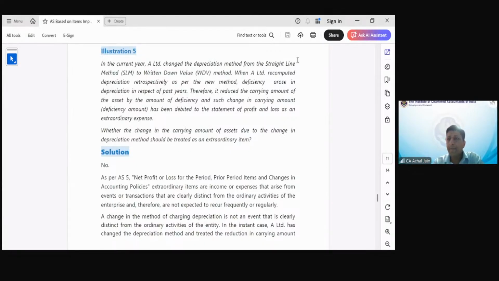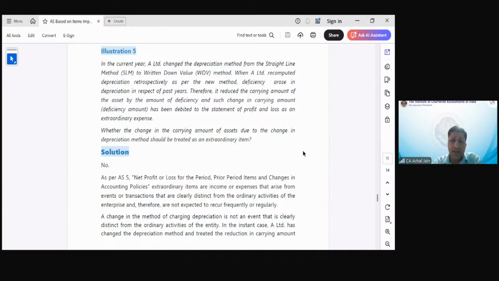But will you call this an extraordinary item? No. Because depreciation computation is very much a part of the business activity. It's in the normal course, one can say. So as regards the requirement of the question, what is going to be your answer? No.